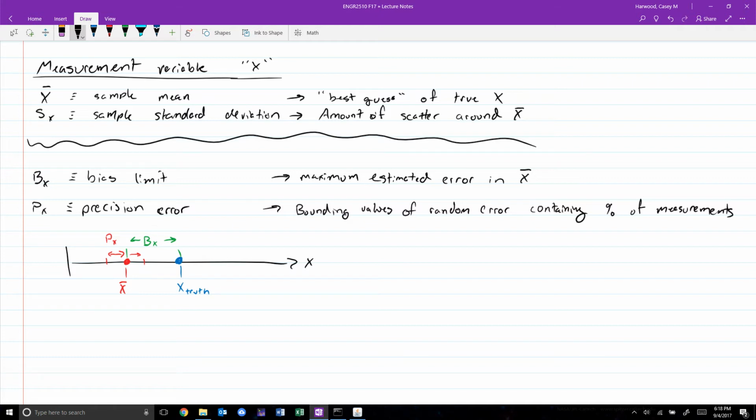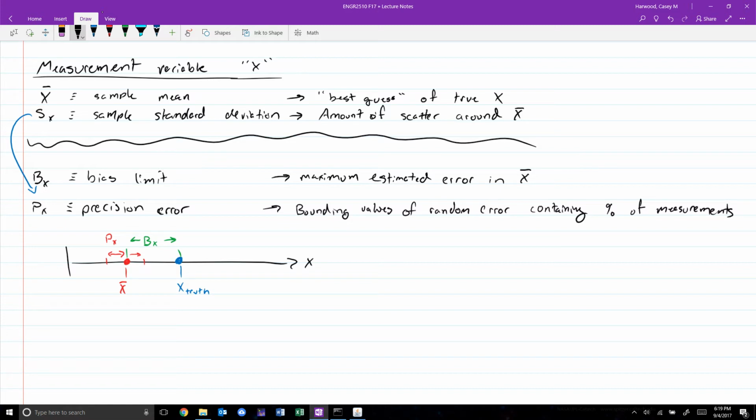The precision error is much easier to estimate because it has to do with the random fluctuation from measurement to measurement. It can be tied back to this sample standard deviation. When you repeat measurements of x, let's say you take 10 measurements of x, they're going to be scattered around an average, and so you'll get some value for the sample standard deviation. Now, the precision error, we've defined as the bounding values of random error that contain some percentage of measurements around X bar, your sample mean.